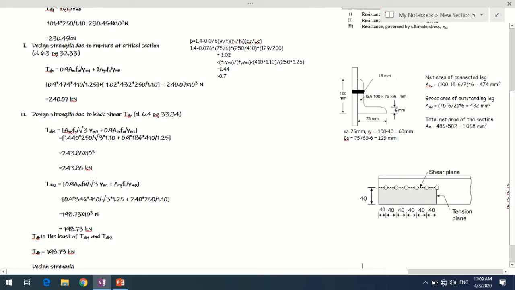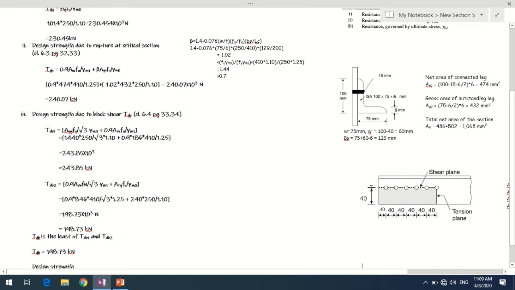So what we need to find is the net and gross area along the shearing plane and the net and gross area along the tension plane, and substitute them in this equation. Fy and Fu are the yield stress and ultimate stress, and we have also seen gamma m0, the factor of safety for yielding, 1.1, and gamma m1, the factor of safety for ultimate stress, 1.25.